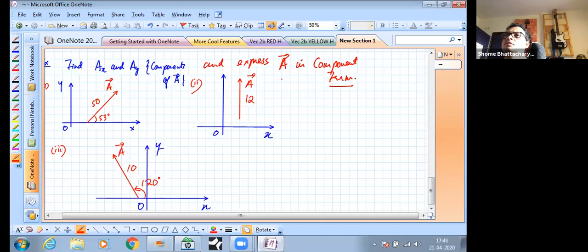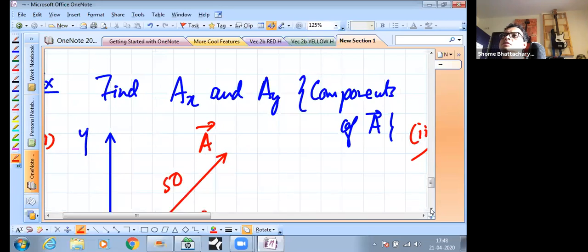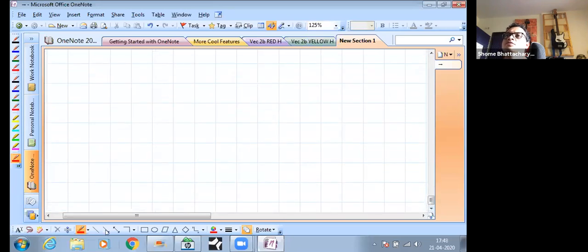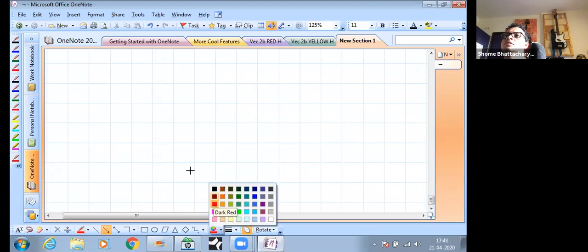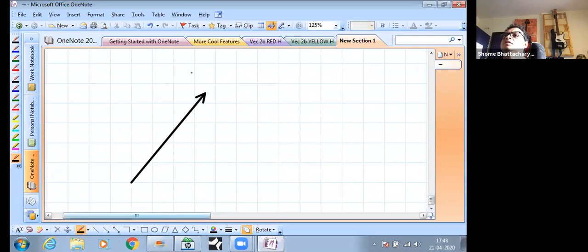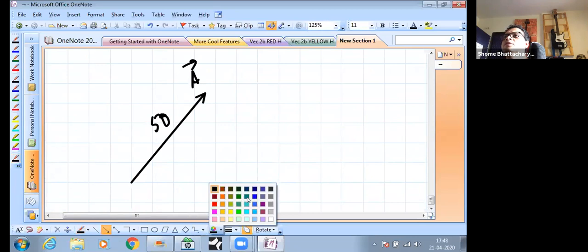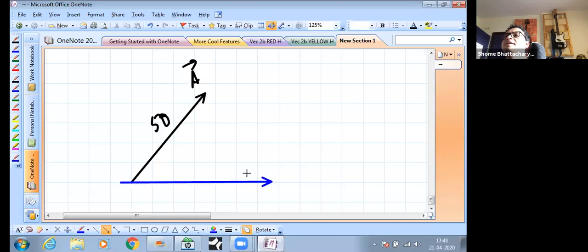Okay, so let us quickly go through each of these. So the first one will now look something like this. This is the vector A, magnitude 50. And now see, just to add clarity to this, I can move the vector A to the origin.